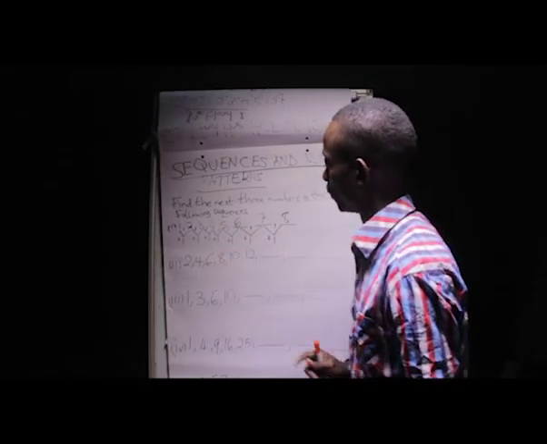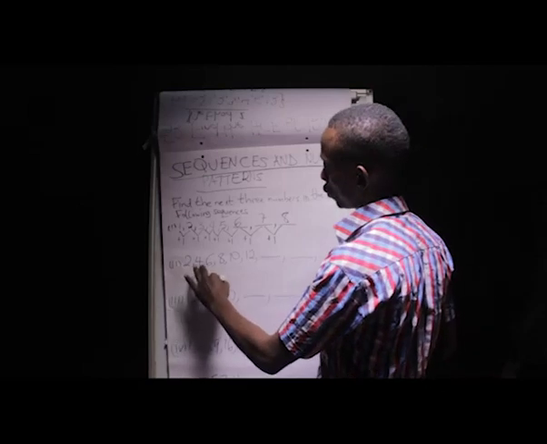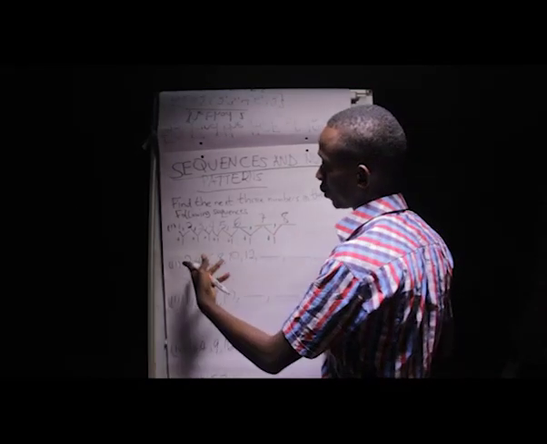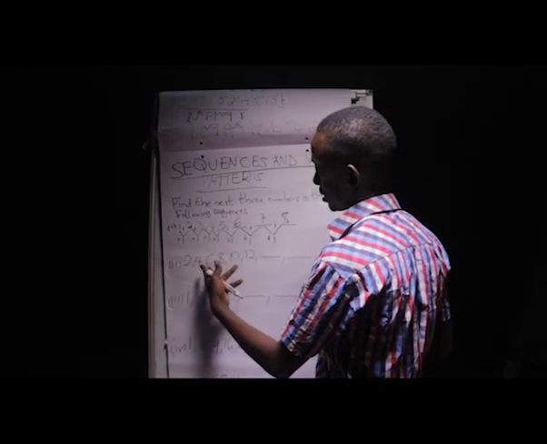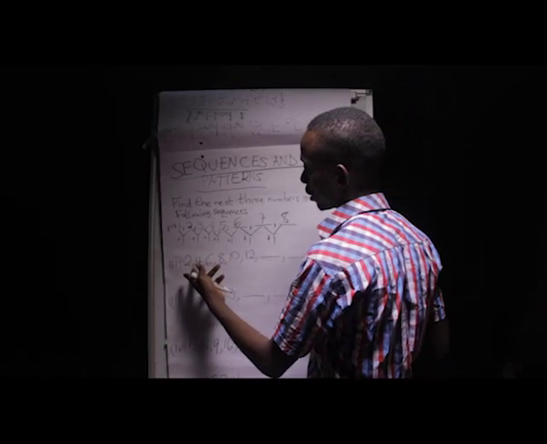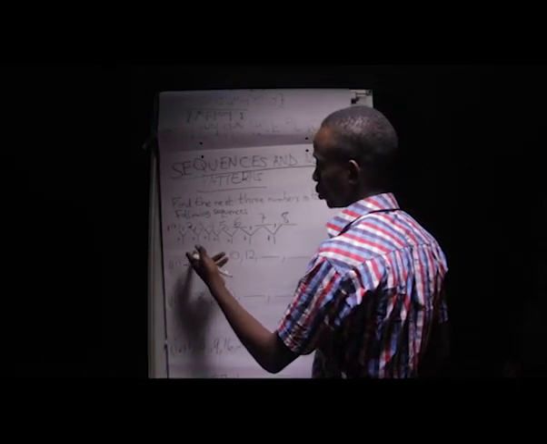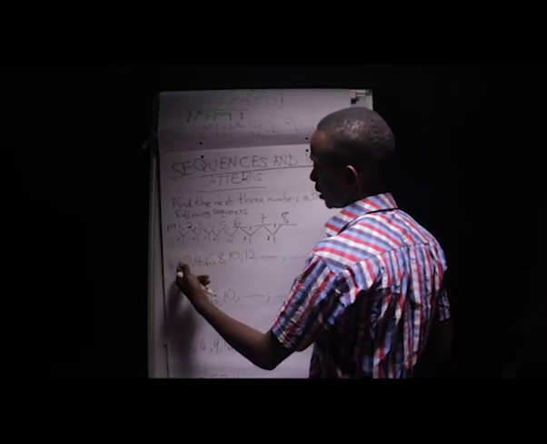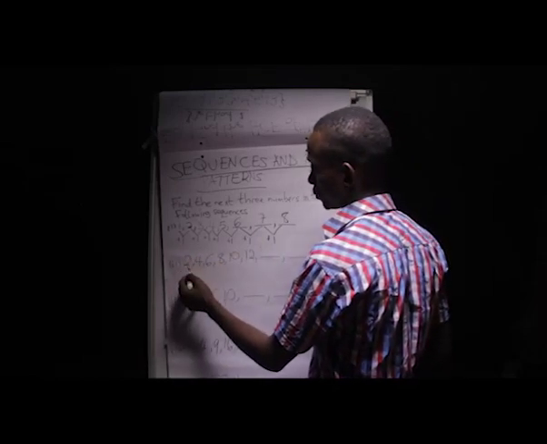I go to number 2. I have 2, 4, 6, 8, 10, 12, and so on. So when you look at 2 and 4, 4 and 6, which similarity do we see there? We realize that they keep on adding the same number to get the next number. For example, which number is added to 2 for you to get 4?